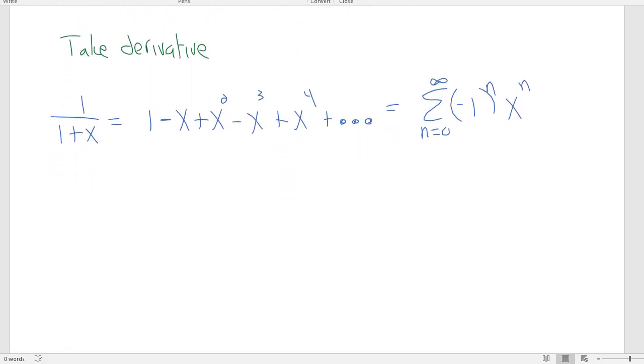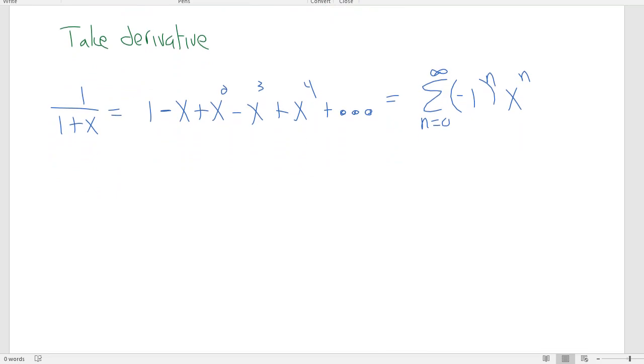So what I want to do is take the derivative here. I'm going to take the derivative of the function, and in turn take the derivative of the expanded version of the power series, and then take the derivative of the sigma notation version of the power series. So I am going to take the derivative of 1 over 1 plus x. I'm going to do a little bit of side work here.